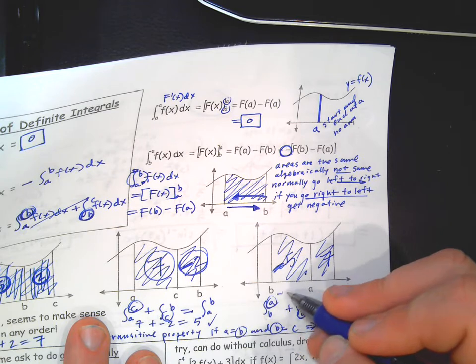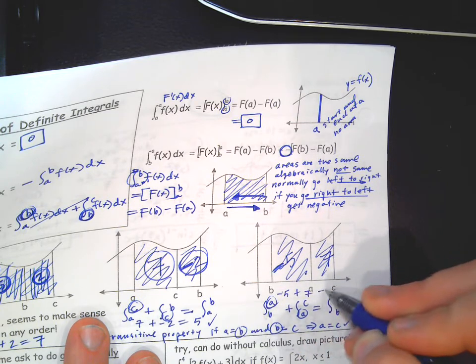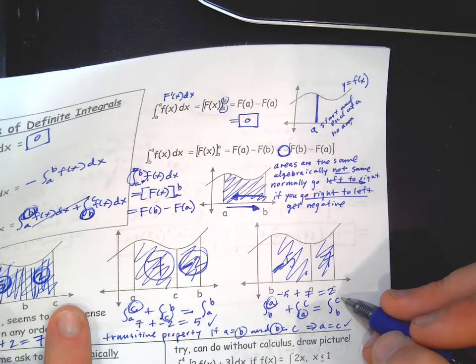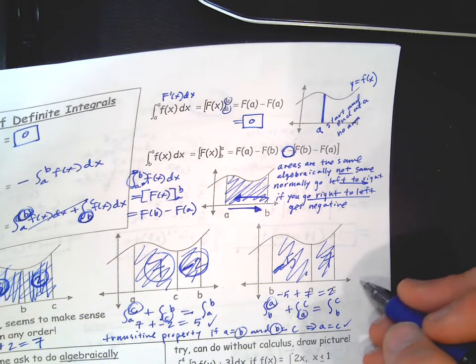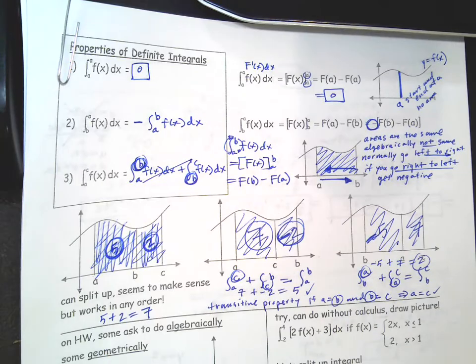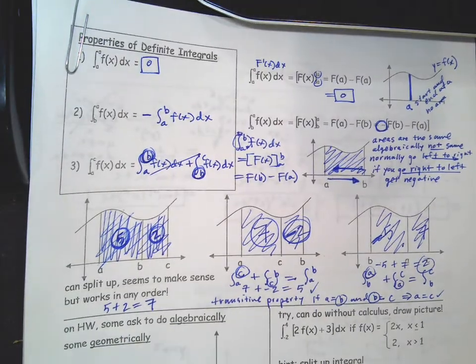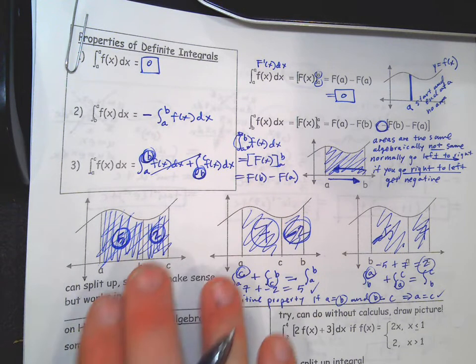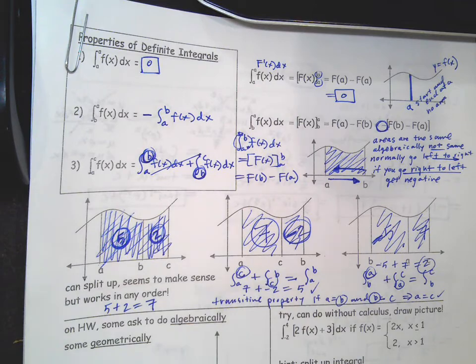So it's going to be -5 plus 7 equals 2. Is B to C equal 2 in the original problem? Yep, it did. So it's kind of a weird thing that you can use that kind of like connecting, breaking it up, but you can kind of like totally mess with the order. It doesn't have to be so strictly just left to right, nice little chunks.